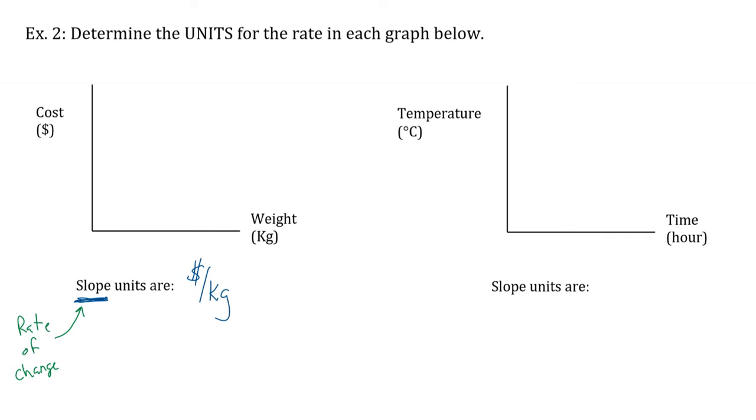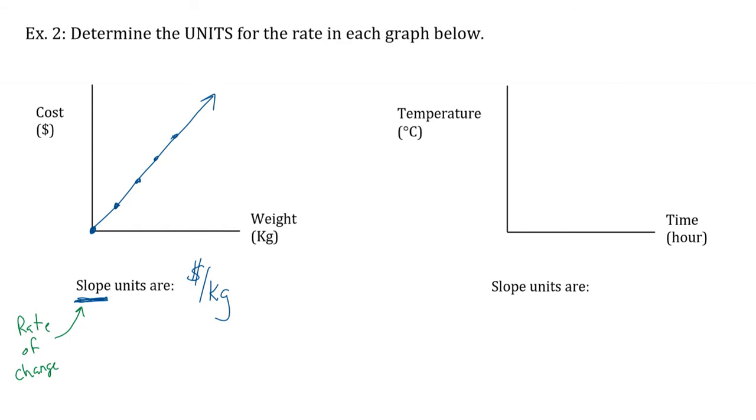Okay, and so those are some examples of something that might be dollars per kilogram. And so let's say you're buying some candy, and for 0 kilograms, you might pay $0, but for 1 kilogram, 2 kilograms, 3 kilograms, you're going to pay more. Okay, and that's going to form a straight line, and the rate of that would be dollars per kilogram.